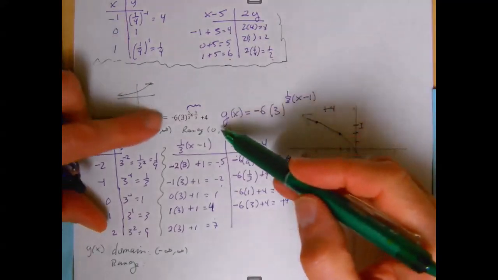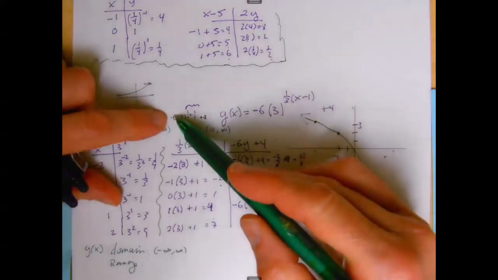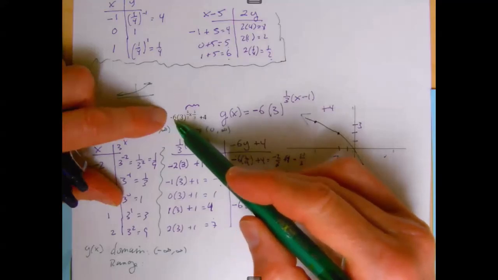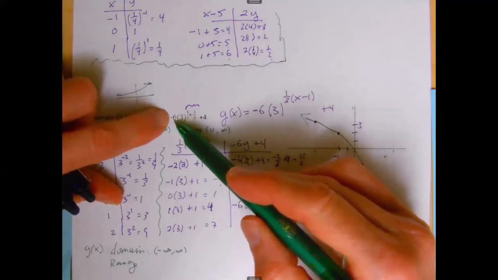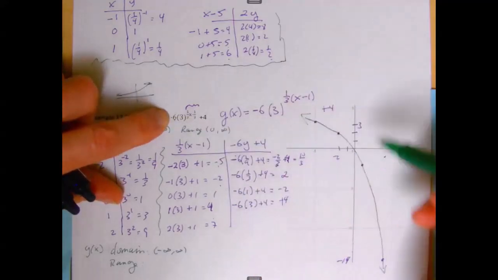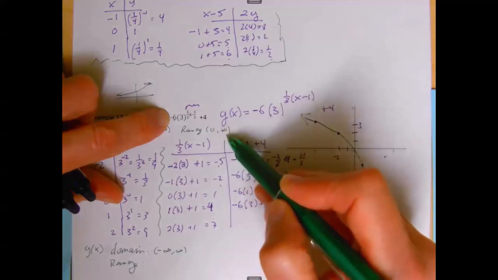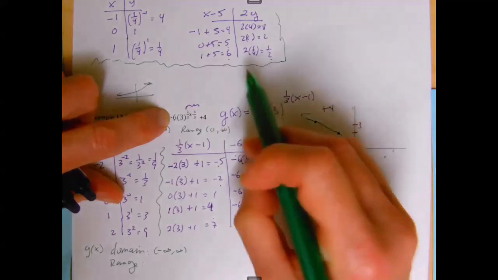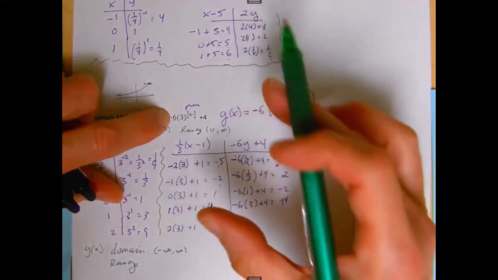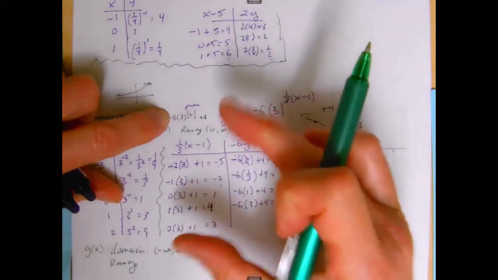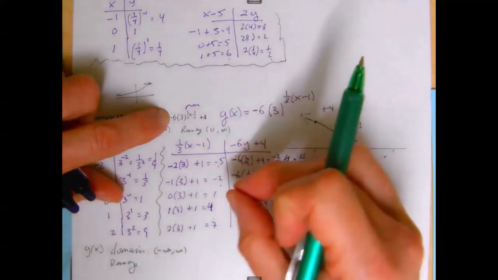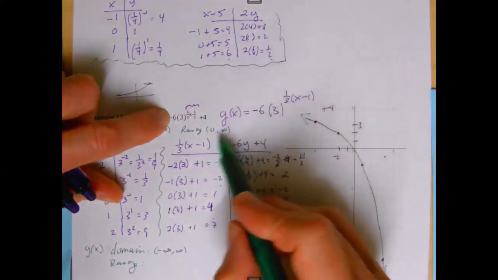First of all, it's been flipped upside down across this axis. So now the range went from 0 to positive infinity to 0 to negative infinity. It also has been stretched, but stretching doesn't really do anything. It just scales the y's, but it includes everything.